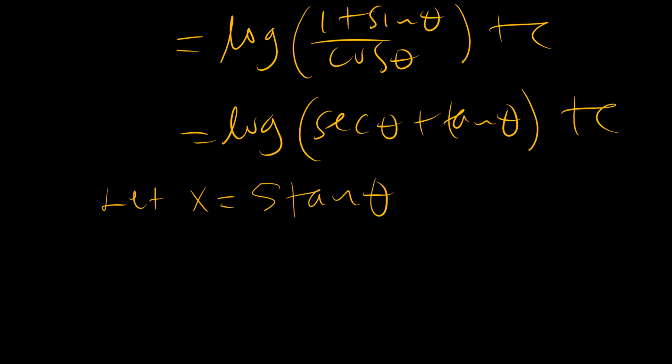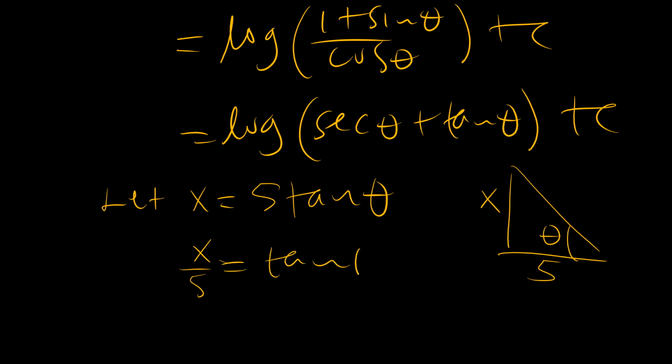What this means is that if you have an angle theta, and we have x over 5, because this means that x over 5 is equal to tan theta, and tangent of theta is opposite over adjacent, then we have square root of x squared plus 25 as the hypotenuse.